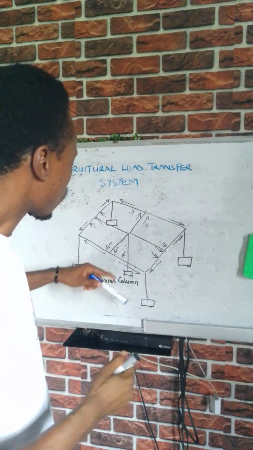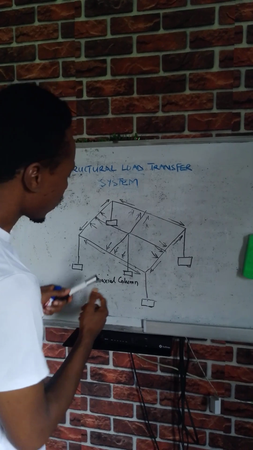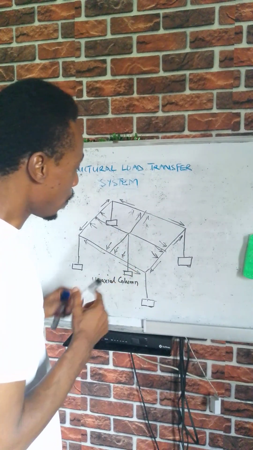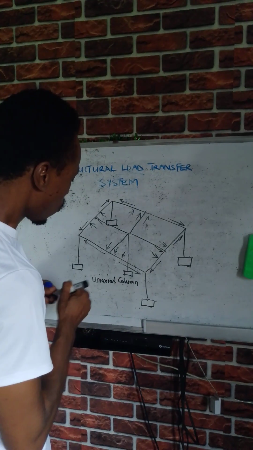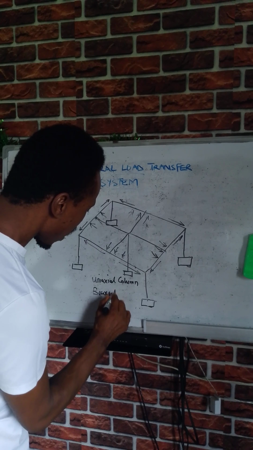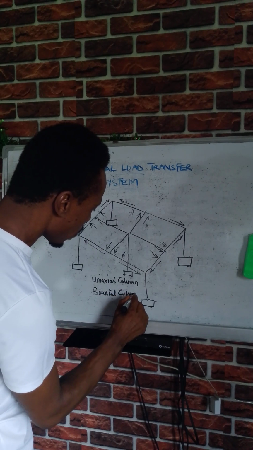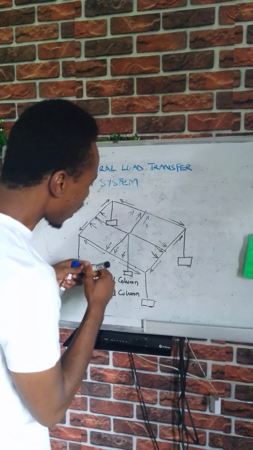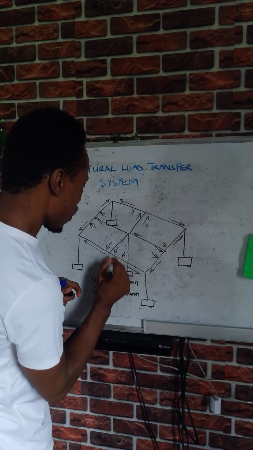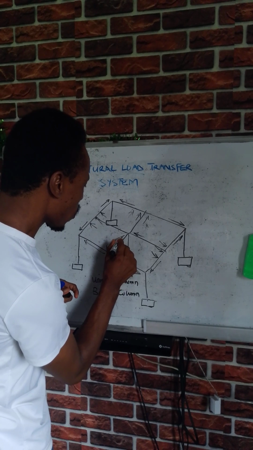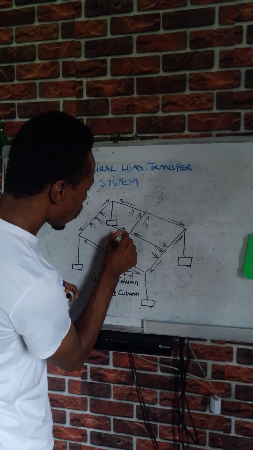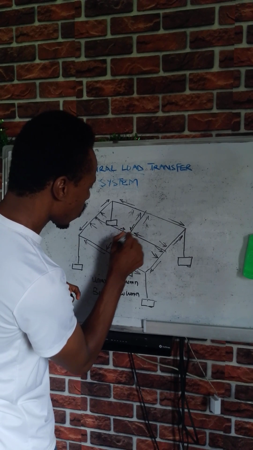When you have such a column that is being supported by four side beams, it is what we refer to as a biaxial column. So in this case, half of this beam goes this way, half of this comes this way, half of this comes this way, half of this comes this way.